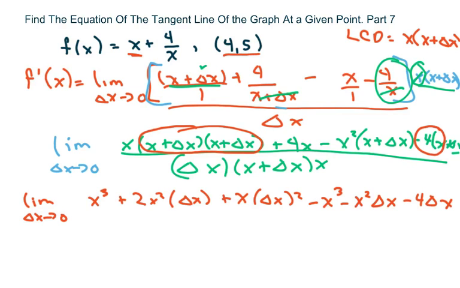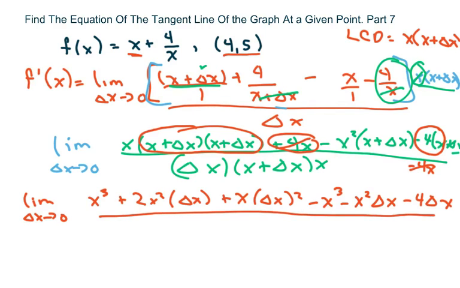So do you see this minus 4x here? That cancels out with that 4x. So I just went ahead and did that right away, just to save space. And then we still have our delta x times x plus delta x times x.